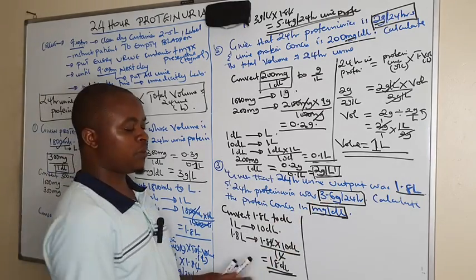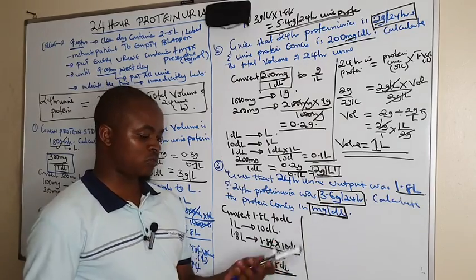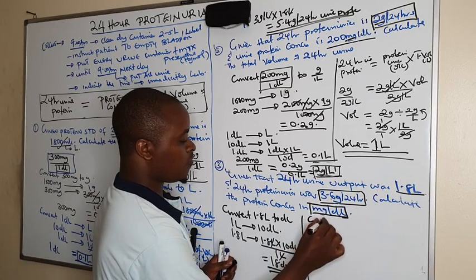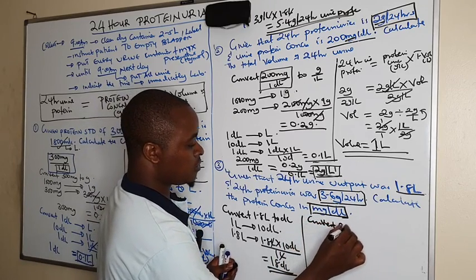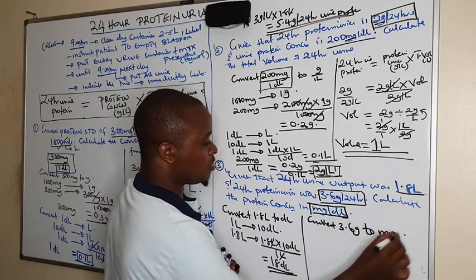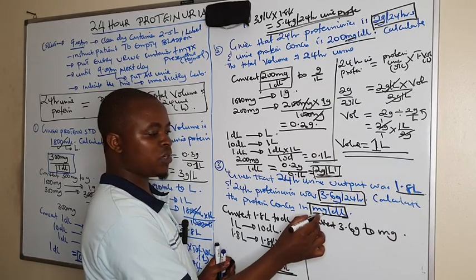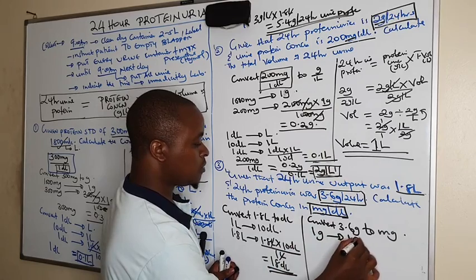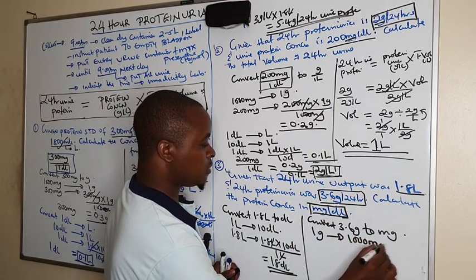Another thing we need to convert is 3.6 grams to milligrams, according to the question, and 1 gram is equivalent to 1,000 milligrams.